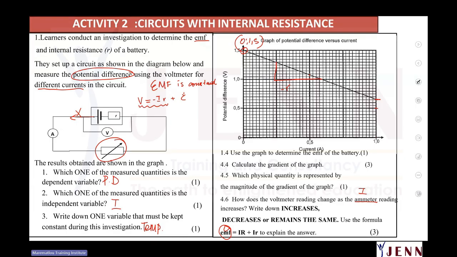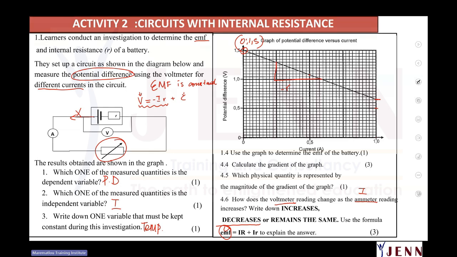If I increase current, how does the voltmeter reading, which is the potential difference, change? From what we can observe in that graph, as current increases, the external potential difference is decreasing. So the answer to that question is decreasing.